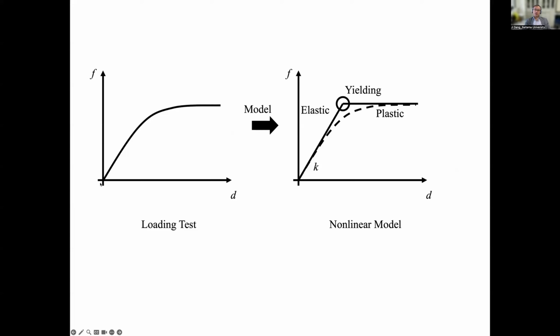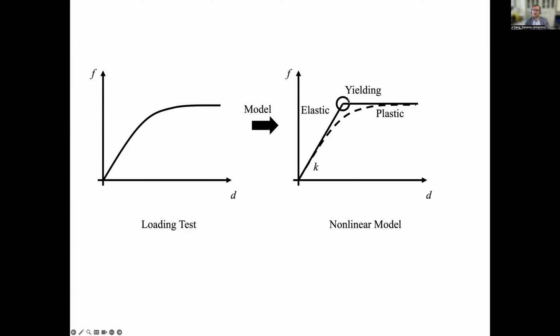So it is difficult to use one line to express them. In most cases, we can use 2 straight lines to express this kind of displacement and force relationship, one elastic and the other plastic. Between the elastic and plastic, they have a yielding point. Before the yielding point, we use elastic stiffness.